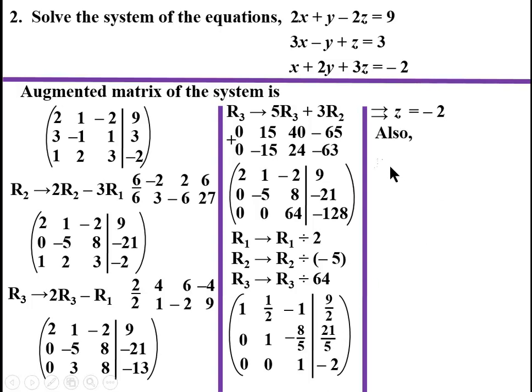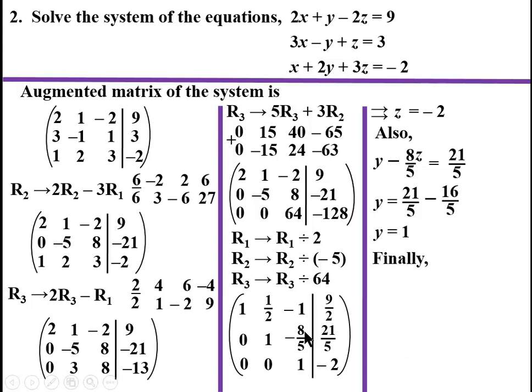So it means y minus 8z over 5 is equal to 21 over 5. So y will be equal to 21 over 5, and since this term is going to the other side, it becomes positive. Multiplying by 2, we have negative 16 over 5. So 21 minus 16 gives 5. 5 divided by 5 is 1. So y is equal to 1.